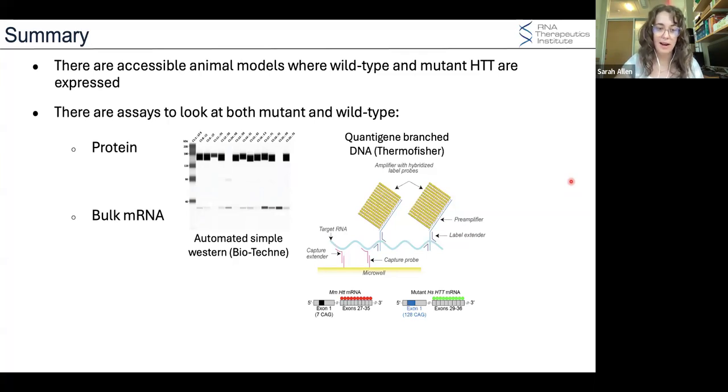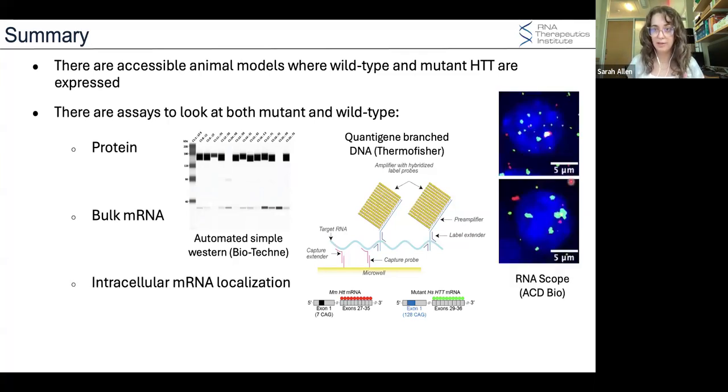We also have an assay to measure the intracellular localization of the mRNA. Here, with this RNAscope FISH-based assay from ACD Bio, we can see the human Huntingtin in green and the mouse Huntingtin in red. We can use tissue to do a series of amplification steps and visualize both with a different fluorescent tag in brain sections on slides.